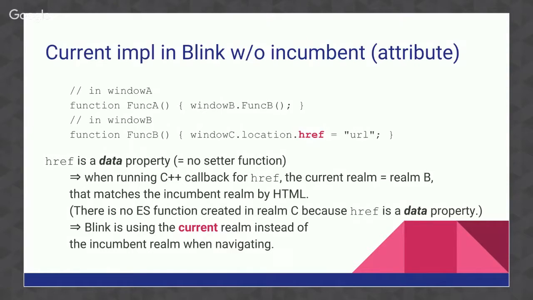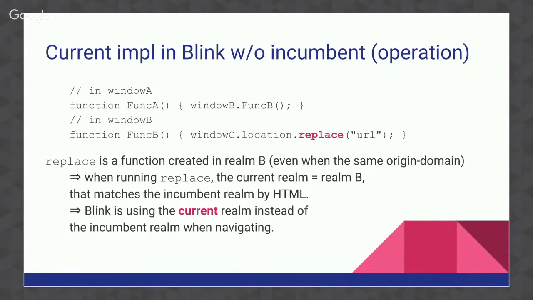So the current realm doesn't change. When we are running the C++ callback function for href, the current realm is realm B because we are inside function B, and realm B matches the incumbent realm by the HTML spec. So Blink is currently using the current realm when navigating instead of the incumbent realm.